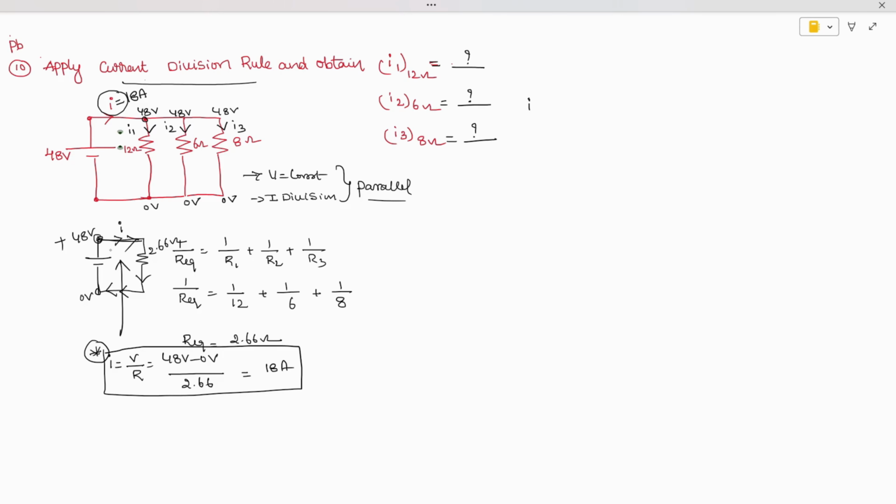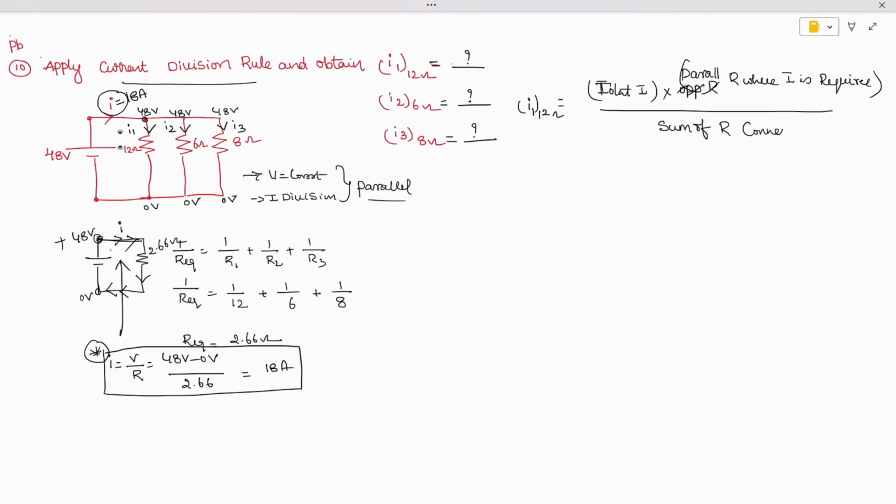The formula for current division rule: current I1 across the 12 ohm resistor is equal to the total current multiplied by the opposite resistor, or rather than opposite we'll call it the parallel resistor, where current is required, divided by the sum of the resistors connected in parallel.